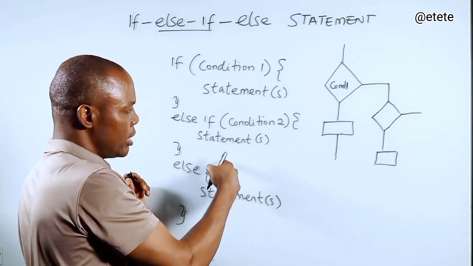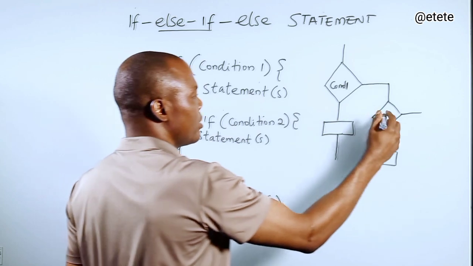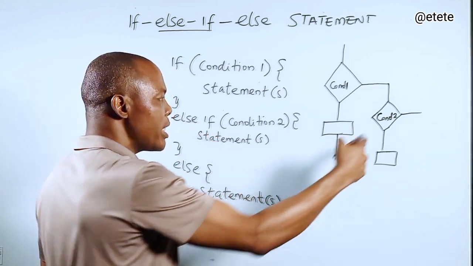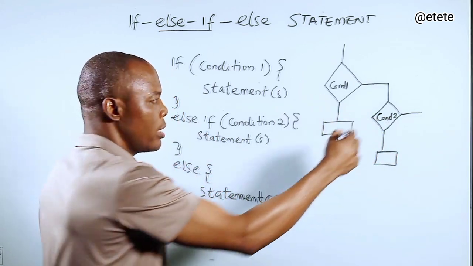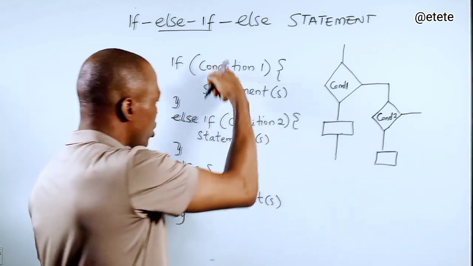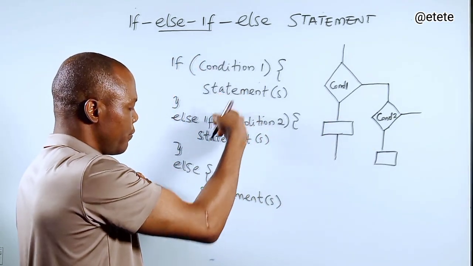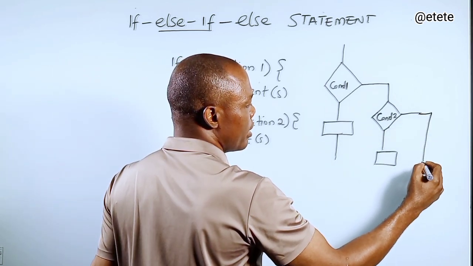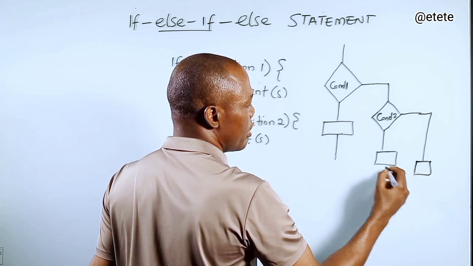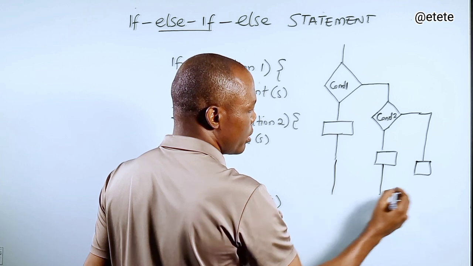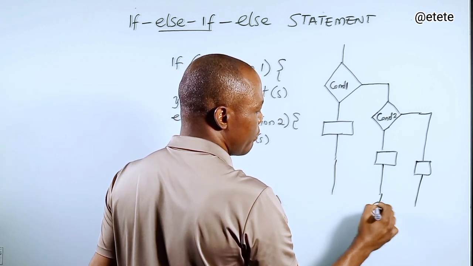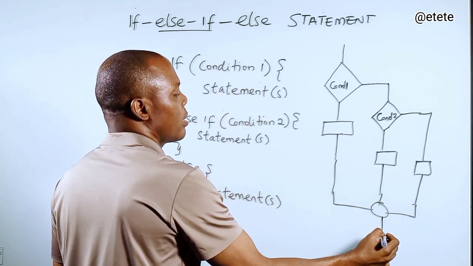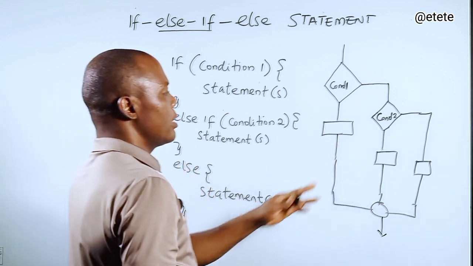So you can have as many else if as you like inside an if else statement. I'm having just this, that means I'm writing this condition two. Now, if this condition two is false, then all conditions of the if are false, and we are going to carry out the else block. So this one, this one, this one, everything will come here, right? So this is the end.